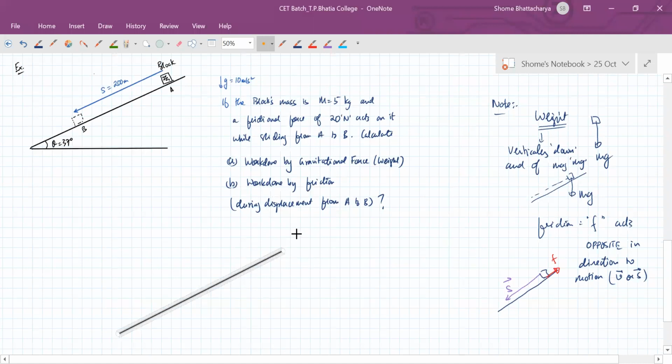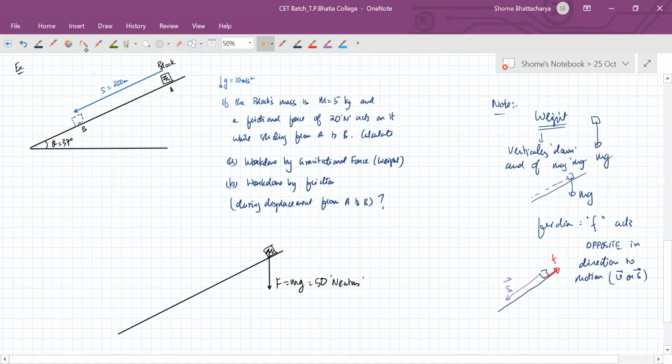So see, what is happening here is, as far as the gravitational force is concerned, the force is acting downwards, and the force's magnitude is mg, which is 50 newtons. Okay. But what about the displacement?